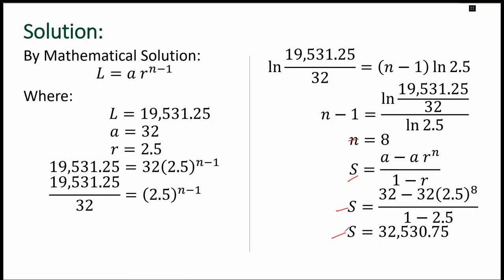Another option, so you don't write so long, is a times 1 minus r to the power of n.